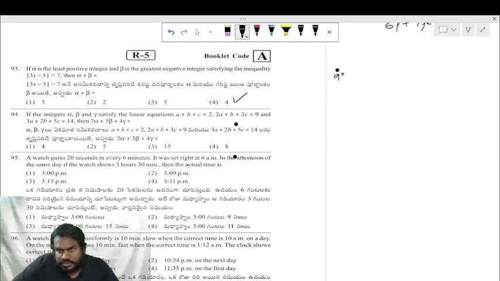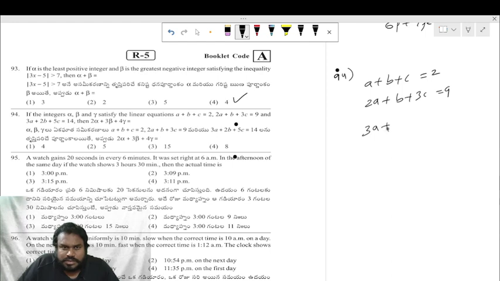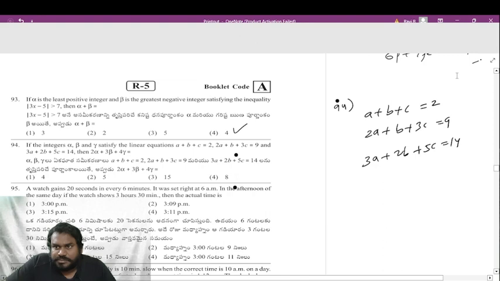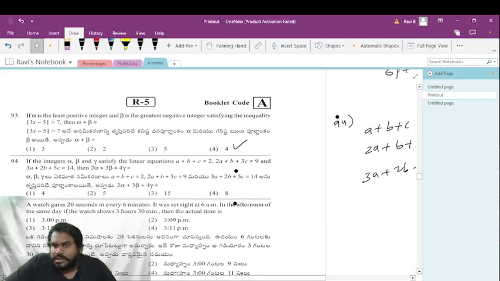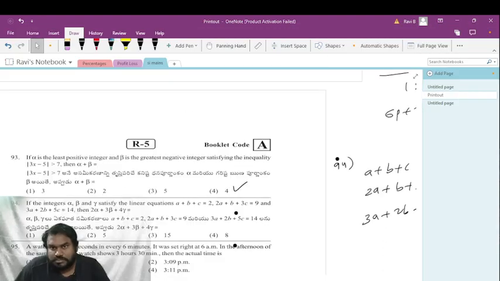Question number 94, there are three equations. We have to solve these three equations to get the values of alpha, beta and gamma, and we should submit.